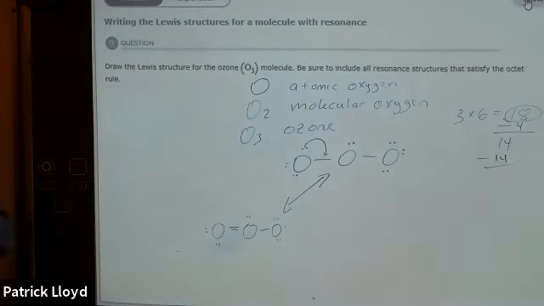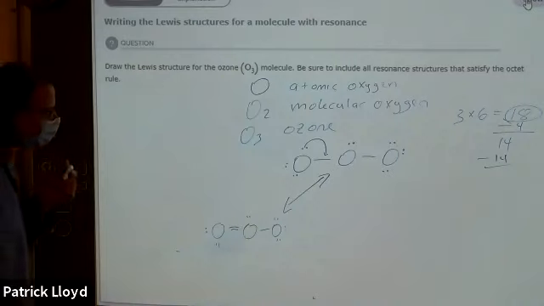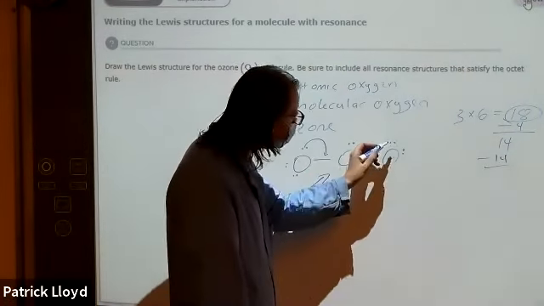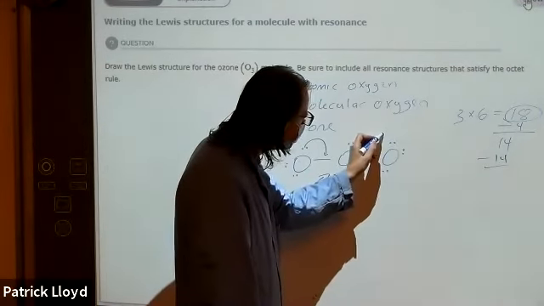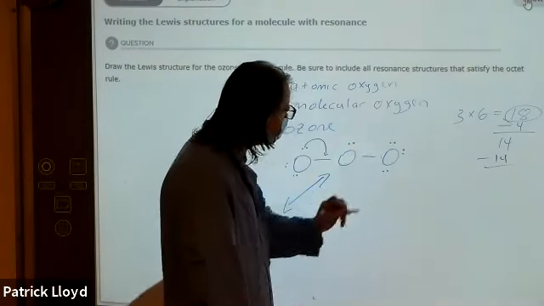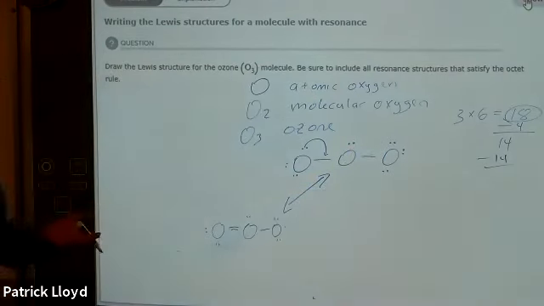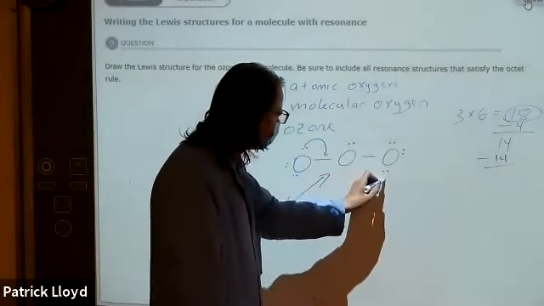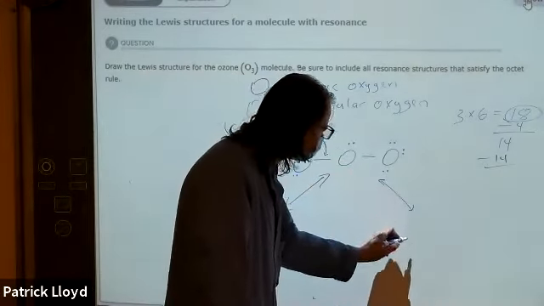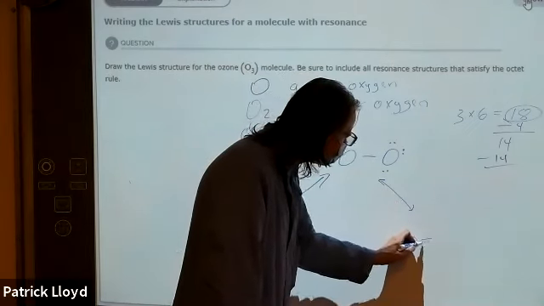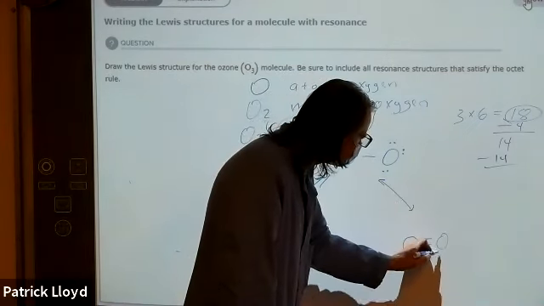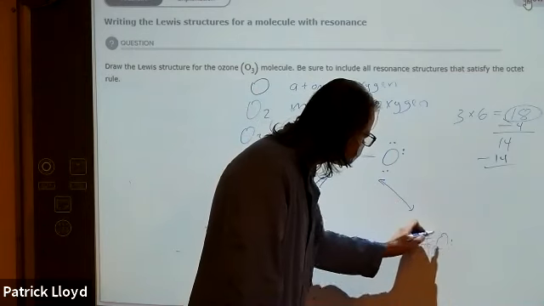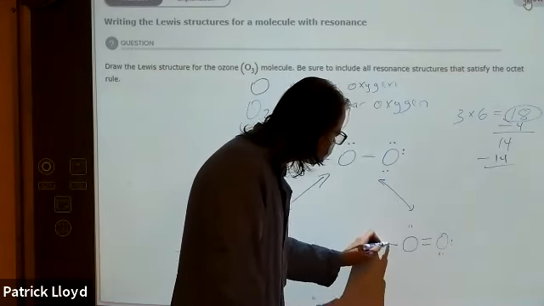That's one possibility. But there's another surrounding oxygen, right? So what if we had done this? What if we had taken this one and done it that way? It's another possibility. So instead of doing it over here, we'll do it over here. So now you have a double bond over here. Don't forget the lone pair here, it's already there.